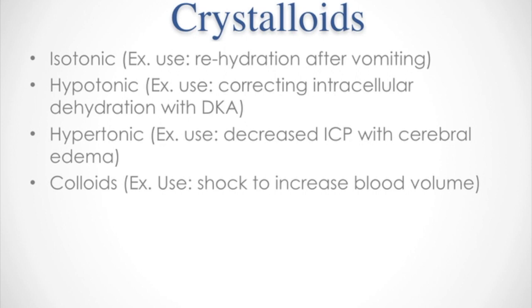We tend not to give this outside of critical care areas, so this would be something we would give in the ICU. And it has to be very cautiously monitored. We don't give this with DKA. We don't give this for dehydration. So really, isotonic is what you're going to most commonly see given.